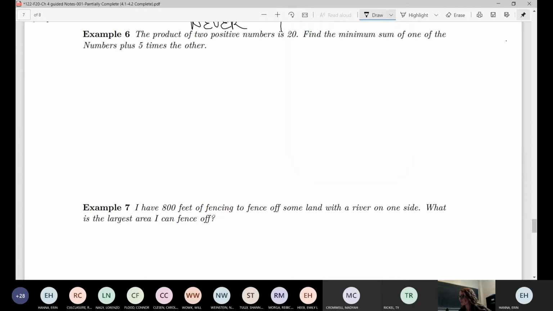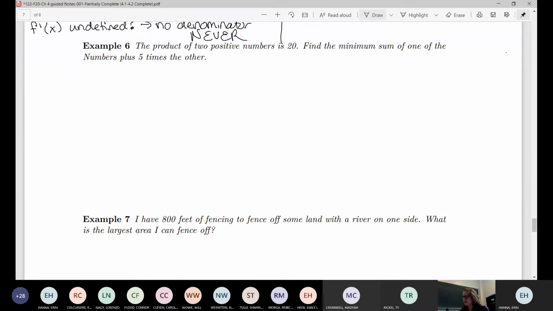Also, sometimes today we're going to have two equations, and we'll have to manipulate one and use it in the other equation. You'll see what I mean in a second. So let's say the product of two numbers is 20, and we want to find the minimum sum of one of the numbers plus 5 times the other.